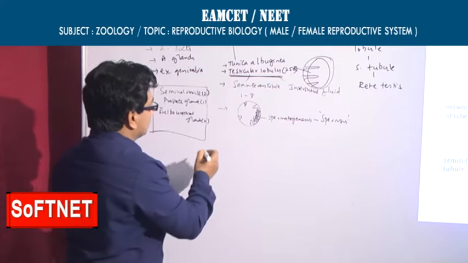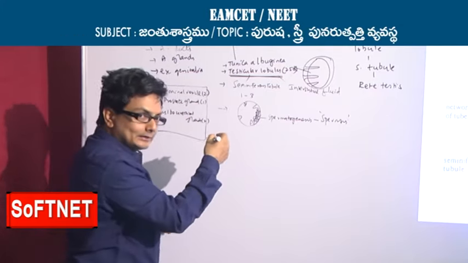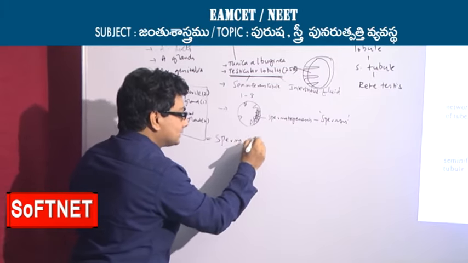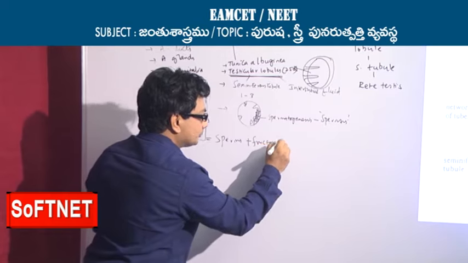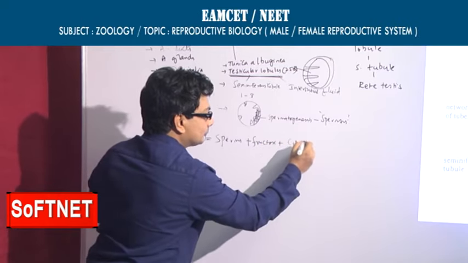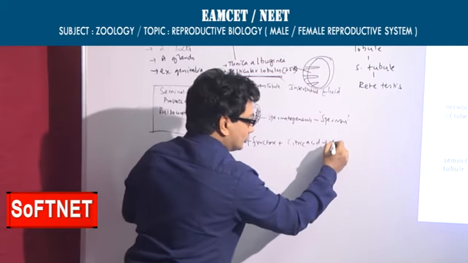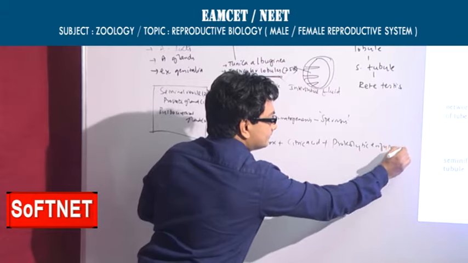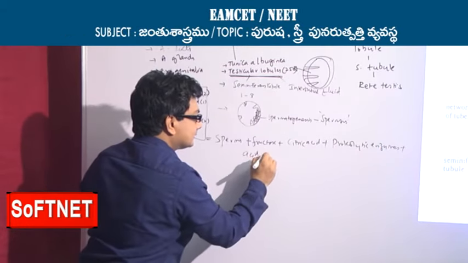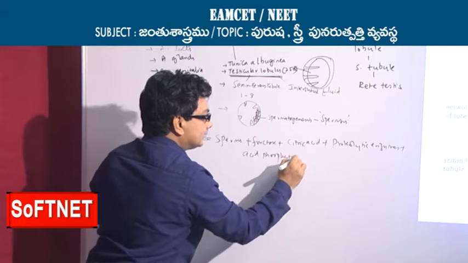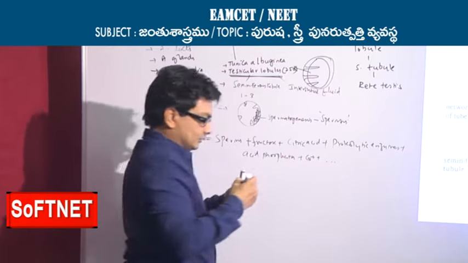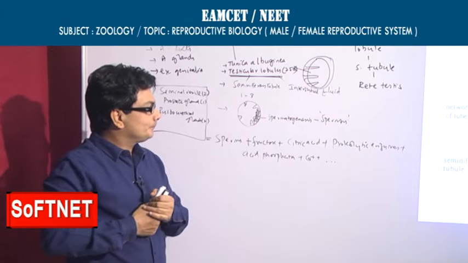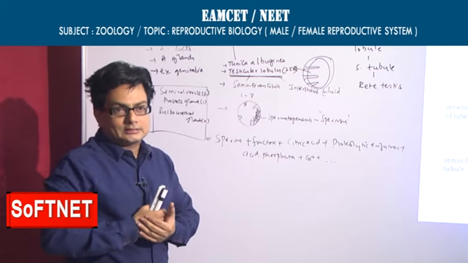That's why when you take the total composition of the glands and also the seminiferous tubules, sperms plus fructose plus citric acid plus proteolytic enzymes, acid phosphatases and calcium, etc. So you can see it's a varied composition and it has too many things in it, and this is called the semen.